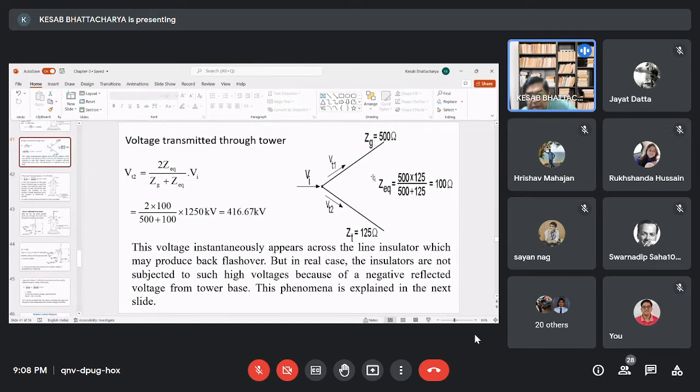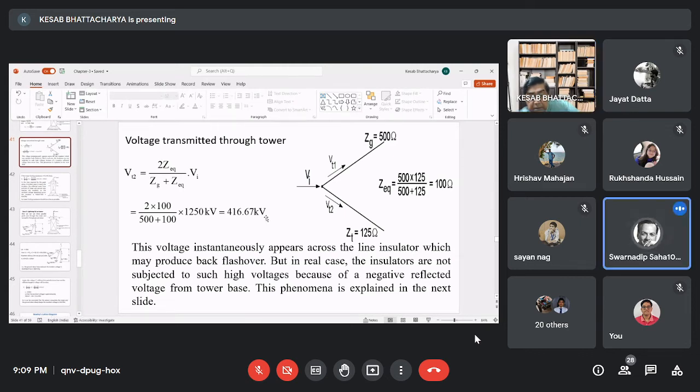You see, one is the transmission line and the other is the tower body. So the equivalent impedance will be 100 ohm. Therefore, the transmitted voltage through the body of the tower will be 416.67 kV. Is it clear to you all?